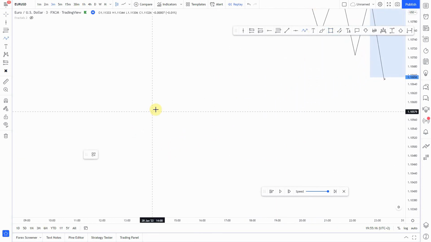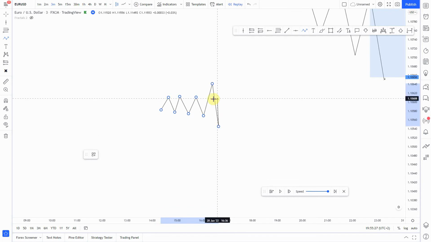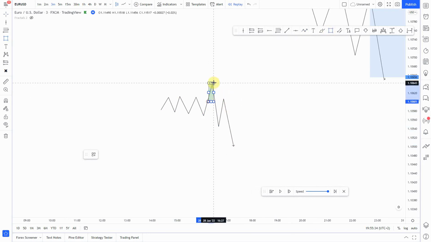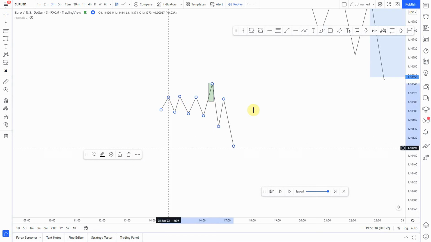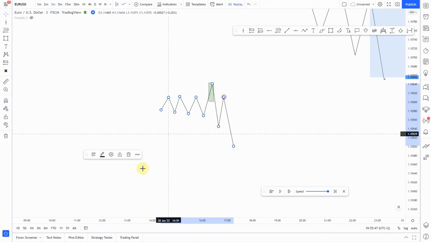You'd find that there was liquidity generation, and then price took out liquidity, broke structure, and then the point of interest becomes this area where there is this last up close candle before the move down. So that could be the first part of having a point of interest. You want to trade the move when price returns back to this zone, this area of the candle, okay?